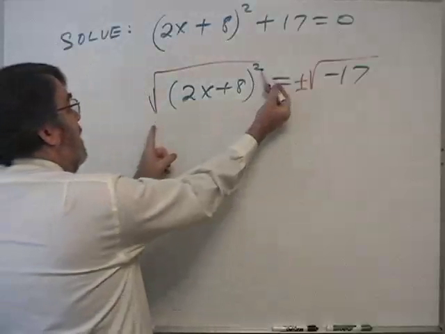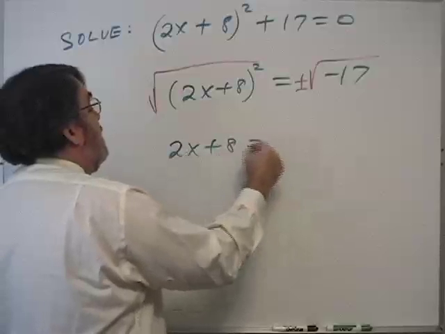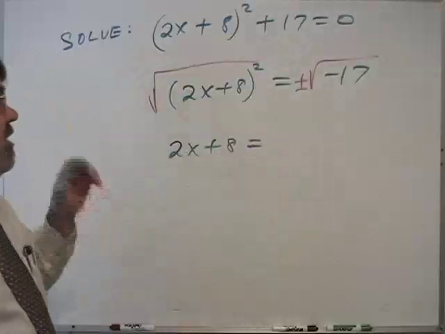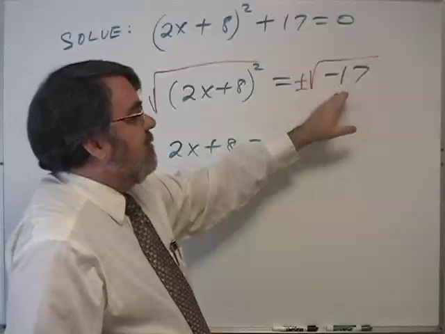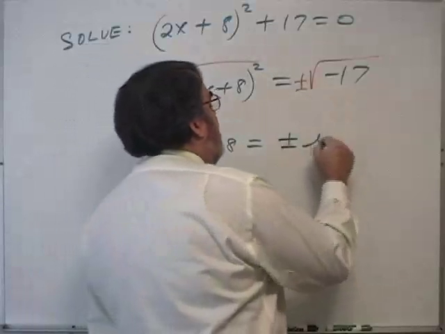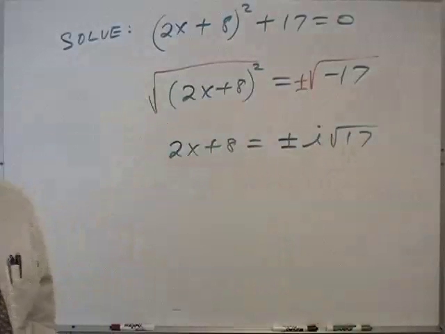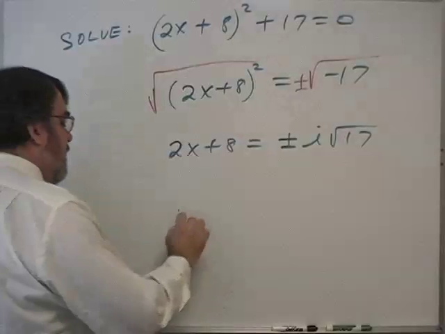On the left, the exponent 2 is canceled, so I have 2x plus 8. On the right, this is i times the square root of 17. So it's plus or minus i times the square root of 17. And by the way, I don't write that this way.